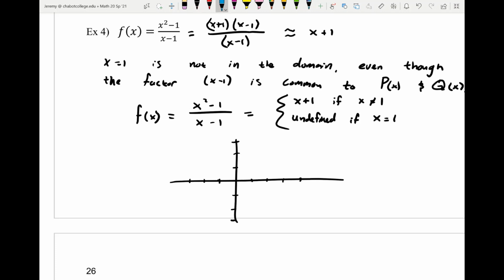So f of x is going to have the same graph as that linear function, except at x equals 1, there's going to be a hole, an open bubble. But aside from that, it's going to look just like the graph of y equals x plus 1. So there is f.